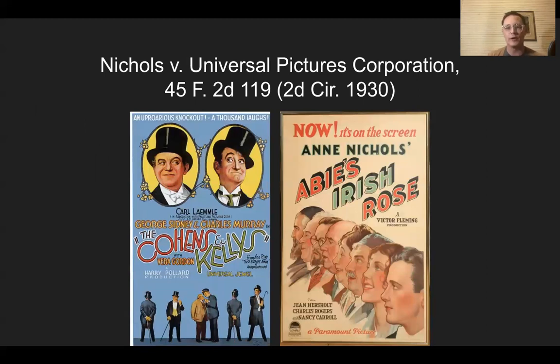A really classic one is the Nichols v. Universal Pictures case, an old Learned Hand decision. And it involved a play and a movie, right? So the play, The Cohens and the Kellys, involved a classic, frankly very stereotypical story about a relationship between the children of a Jewish family and an Irish Catholic family, and the tensions that arose in the context of that relationship.